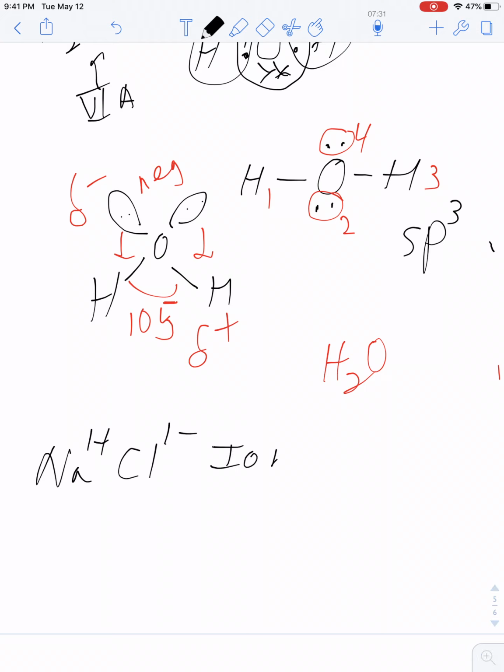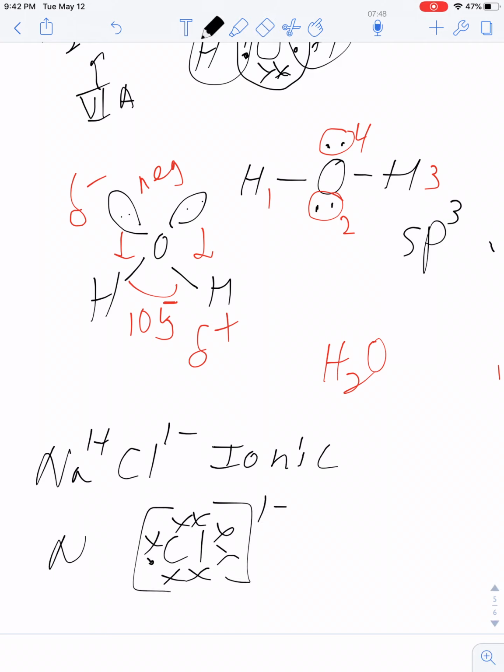This thing is ionic. Remember when we did this? The chlorine steals the electron, and it actually becomes negative. The sodium becomes positive.